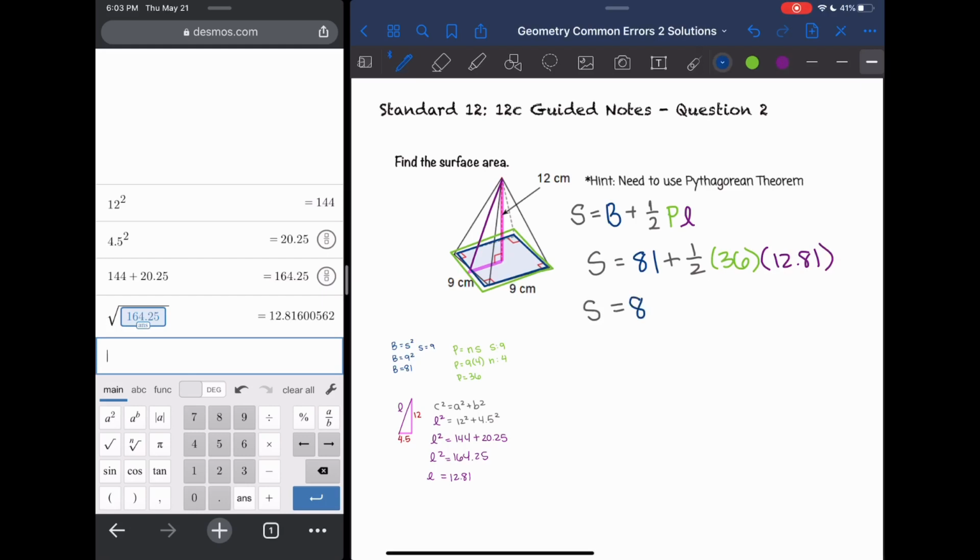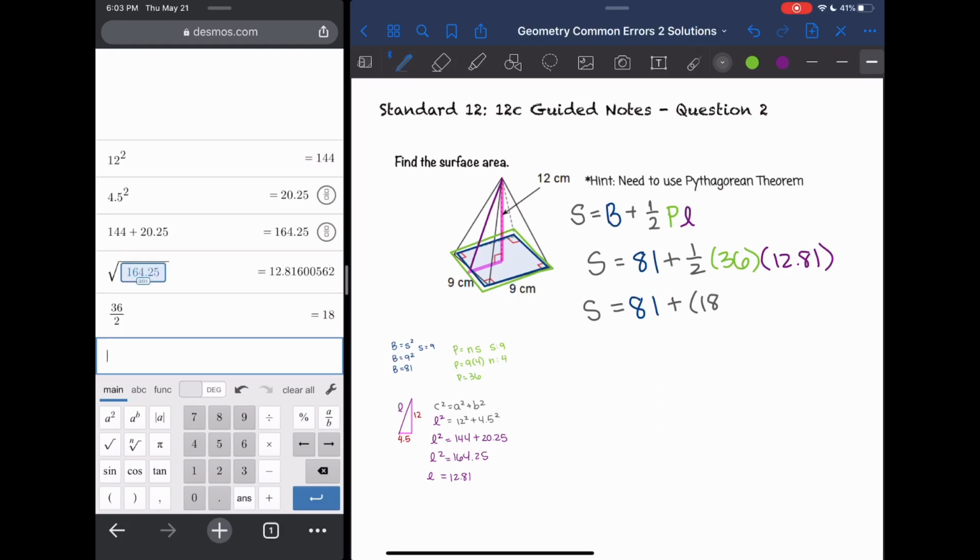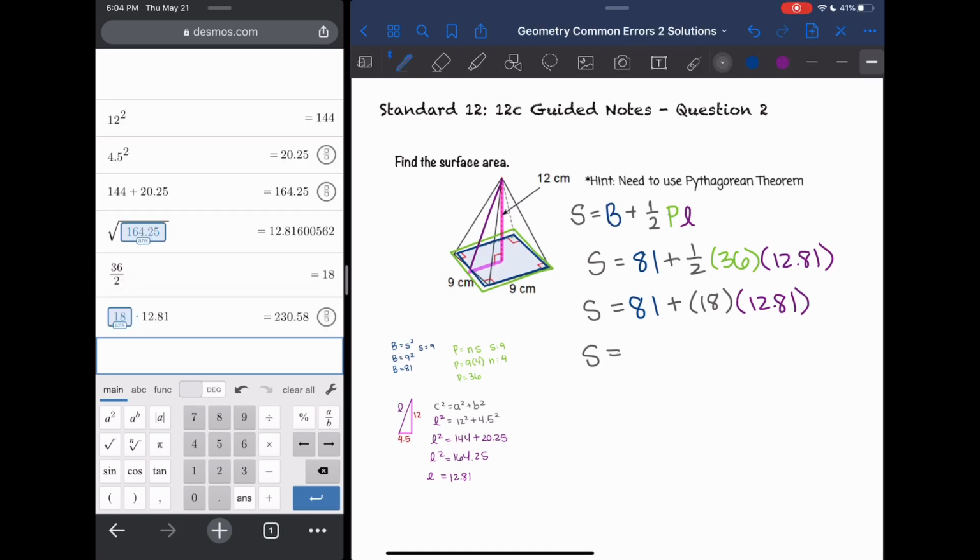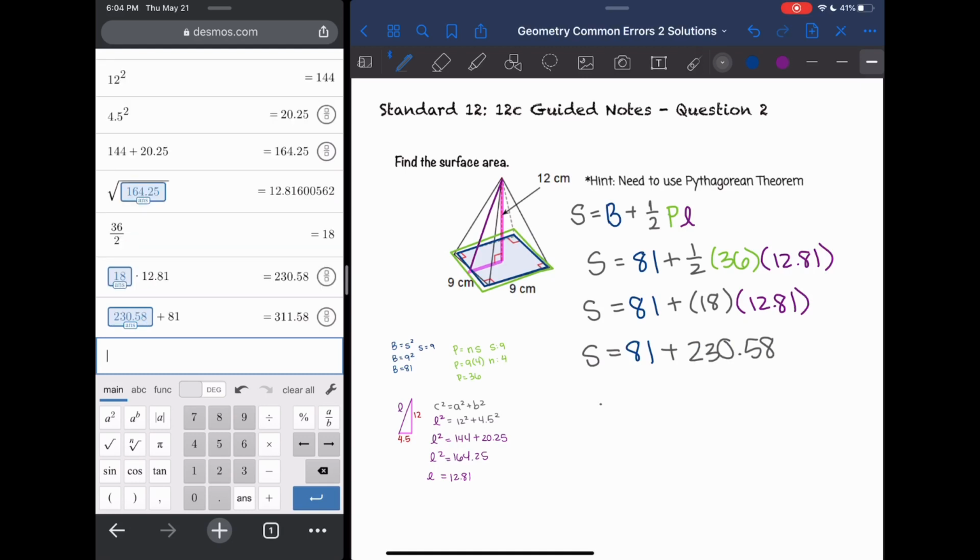So 81 plus half of 36, 18, times 12.81. So now we have 81 plus 230.58 for a total surface area of 311.58 centimeters, and since it's area, it is squared.